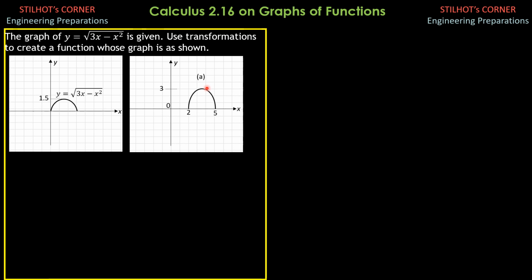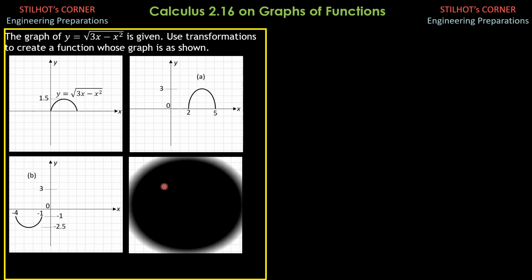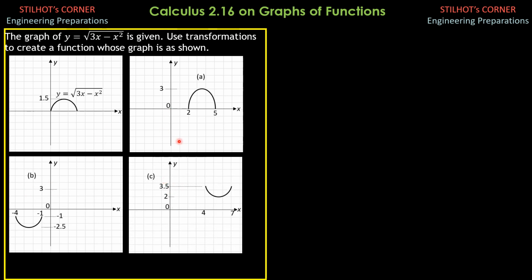The equation. So first, let's stretch the graph vertically with a factor of 2. So these are the three graphs whose equations are to be found. So this is the graph because this changes to 3.